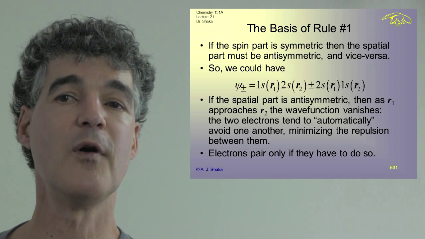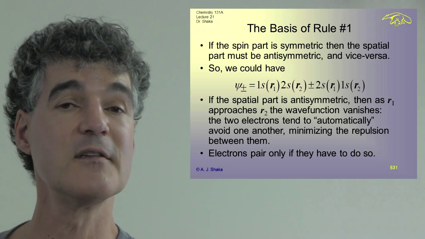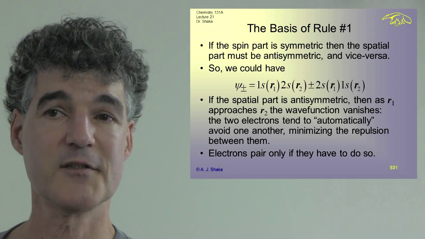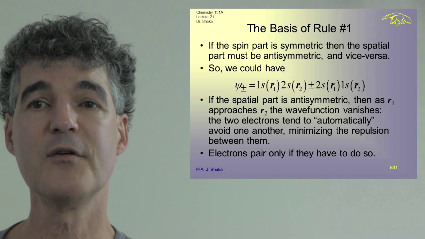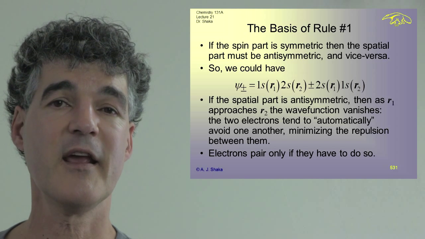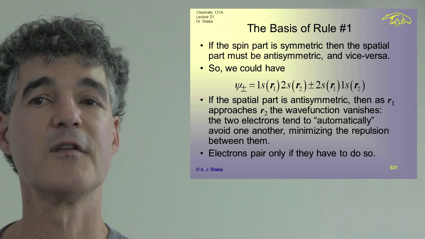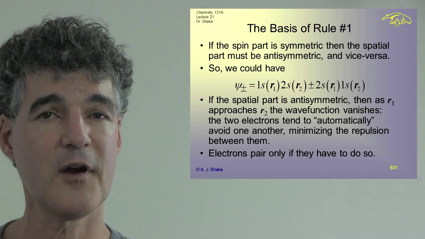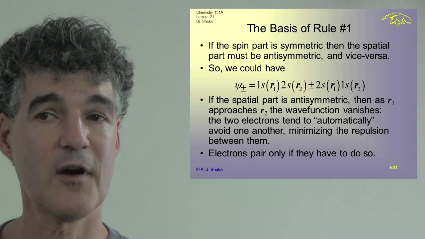One of them is 1s(r1) 2s(r2) plus 2s(r1) 1s(r2), and the other one is minus. The question is, do these spatial parts have any difference? Suppose the spatial part's antisymmetric, so it's 1s(r1) 2s(r2) minus 2s(r1) 1s(r2).